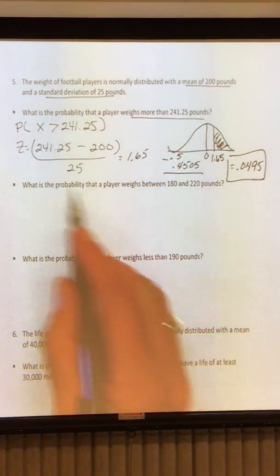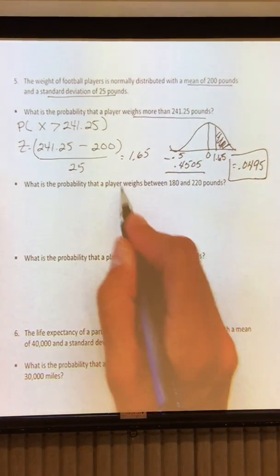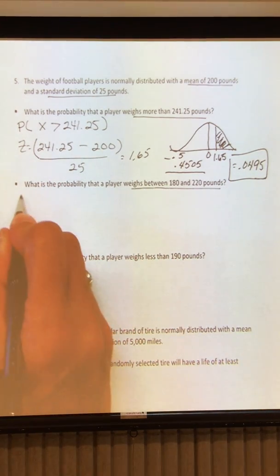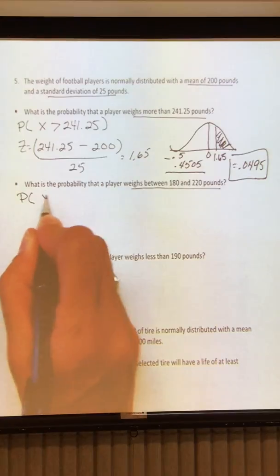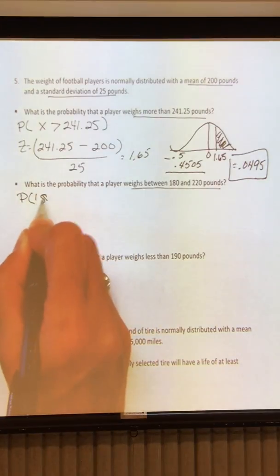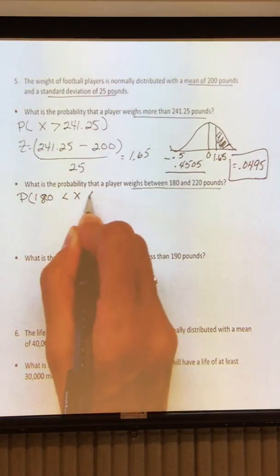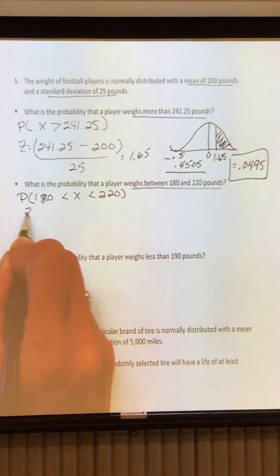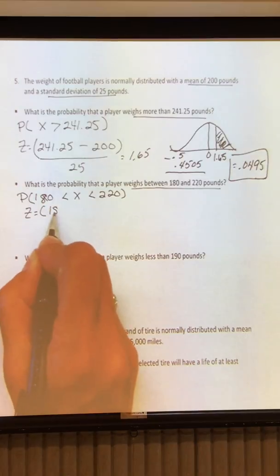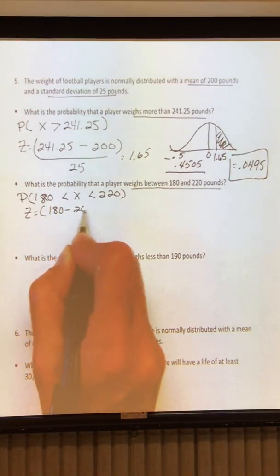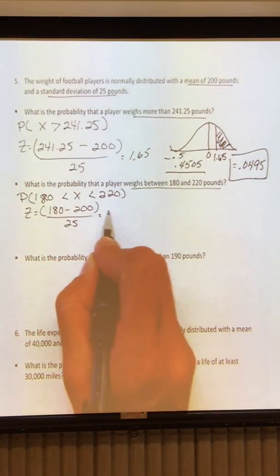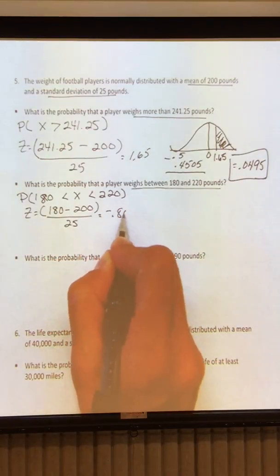The next part for number 5, find the probability that the player weighs between 180 and 220. So find the probability that x is between 180 and 220. So we have to calculate two z-scores. So the z-score for 180 is 180 minus the mean, divide that by the standard deviation, and that calculation is negative 0.8.